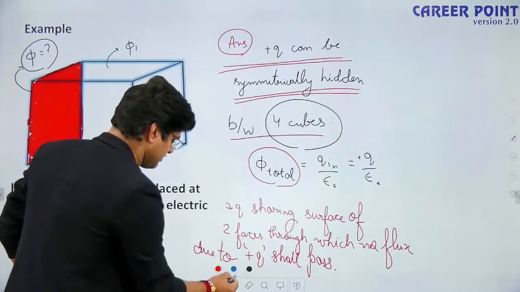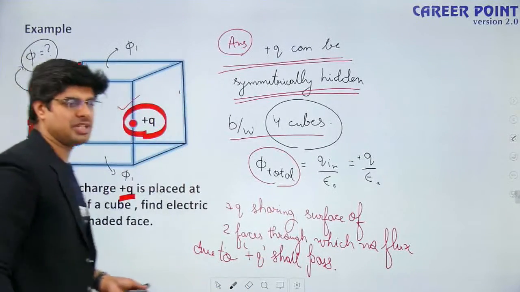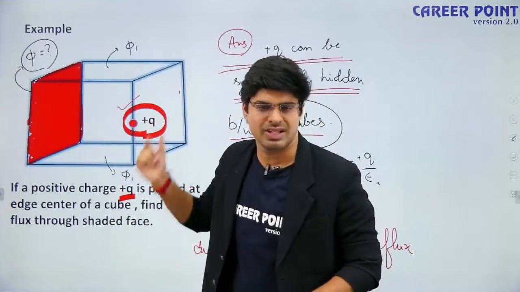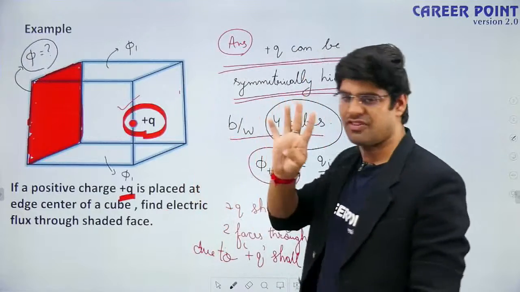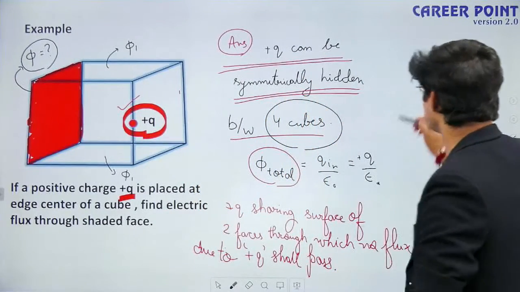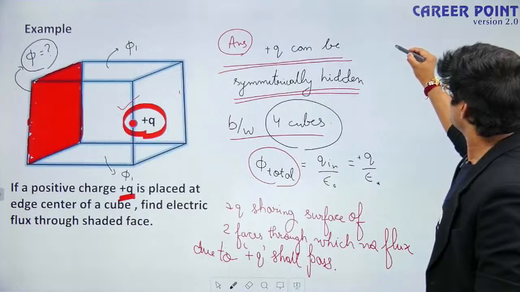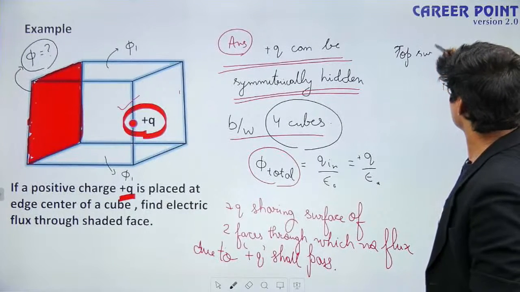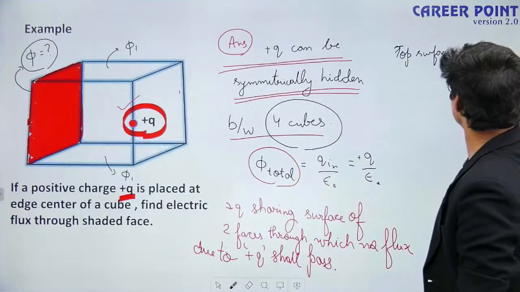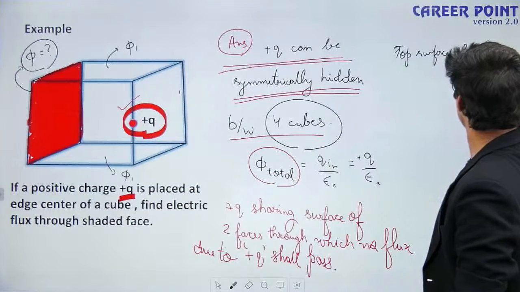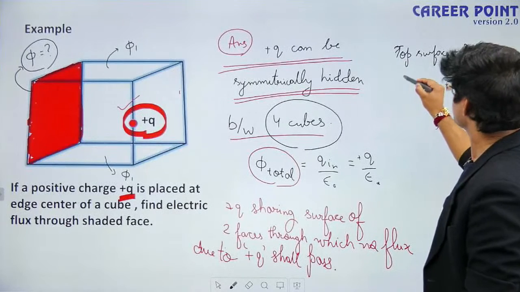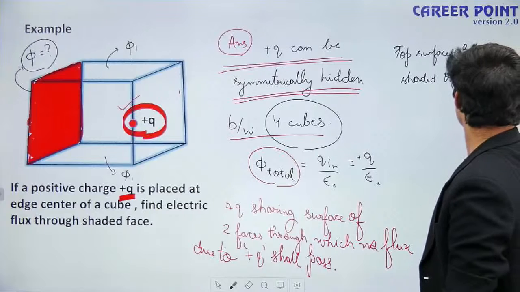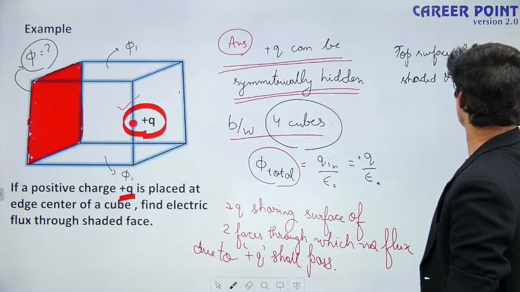Okay, so that means how many surfaces are remaining for us? Out of 6 surfaces, 2 faces will not have any flux due to plus q. So out of 6 surfaces, 4 surfaces are still remaining. So for those 4 surfaces, top surface plus bottom plus shaded and adjoining.